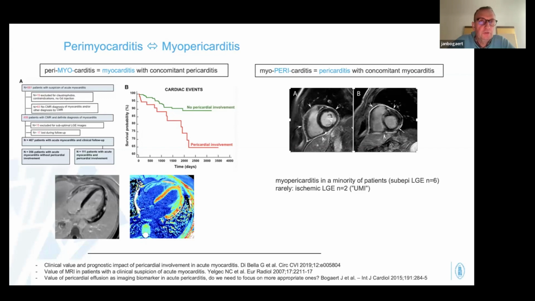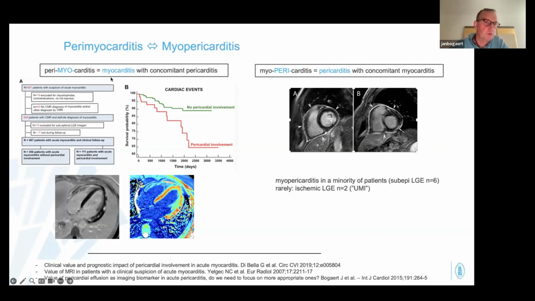We also have to be aware that the involvement of the pericardium cannot be seen only as a sole phenomenon, but can be associated with myocarditis. And on the other hand, myocarditis can be associated with pericardial inflammation.